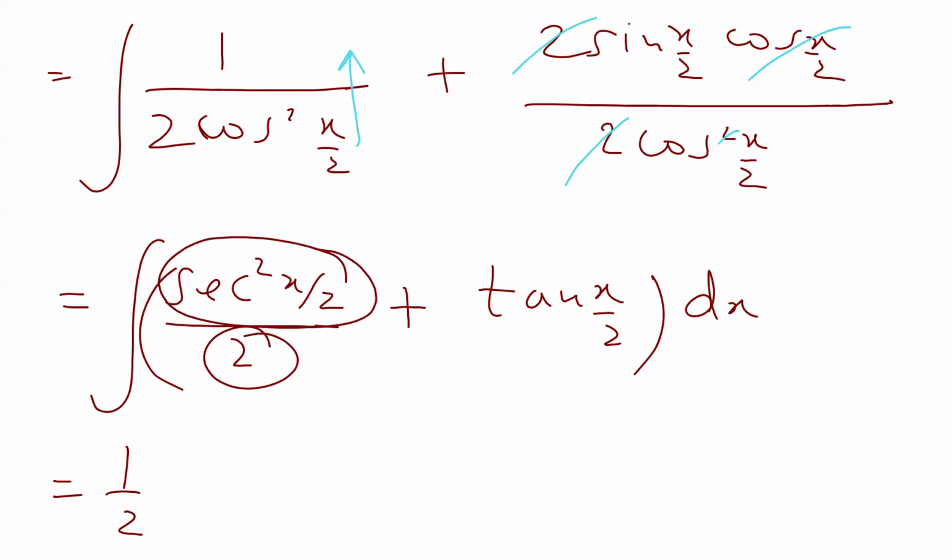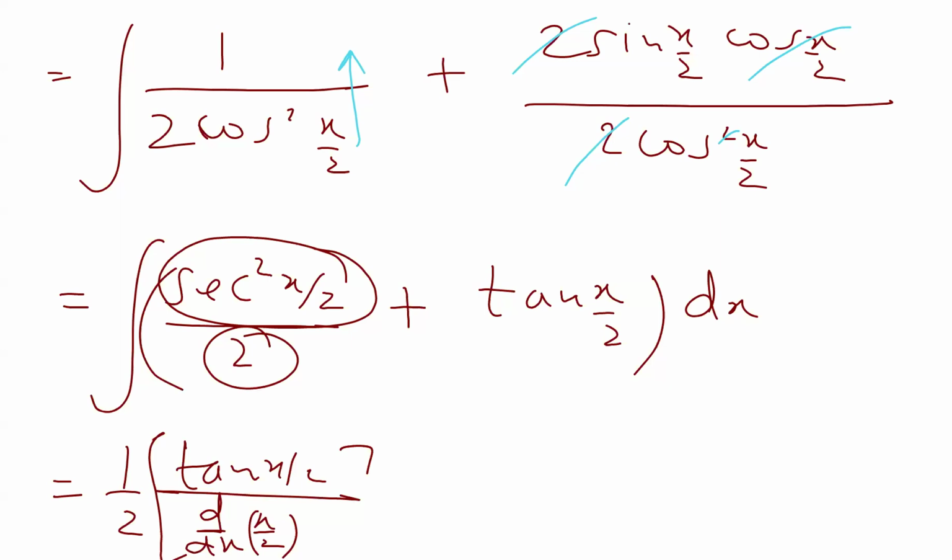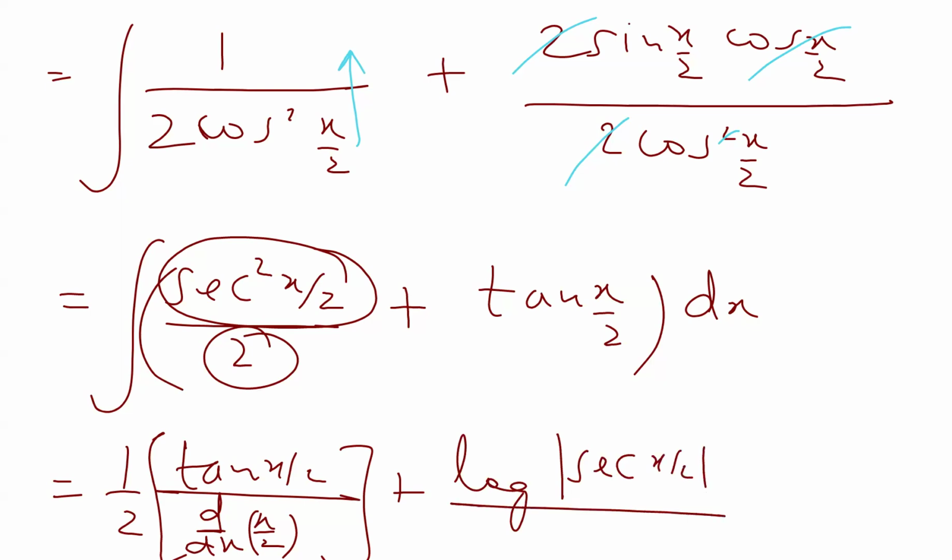Integration of sec square x by 2 is tan x by 2 upon dy dx of x by 2, plus tan x by 2 integration is log mod sec x by 2 upon dy dx of x by 2. Dy dx of x by 2 is half, so that you can simplify further. But then this is what the main problem is. Question number 20.